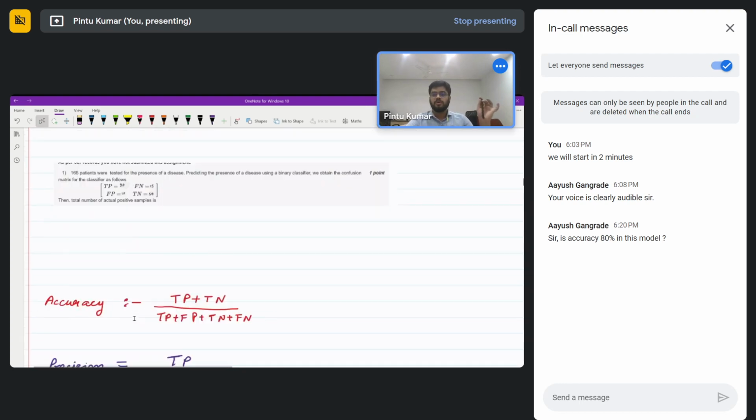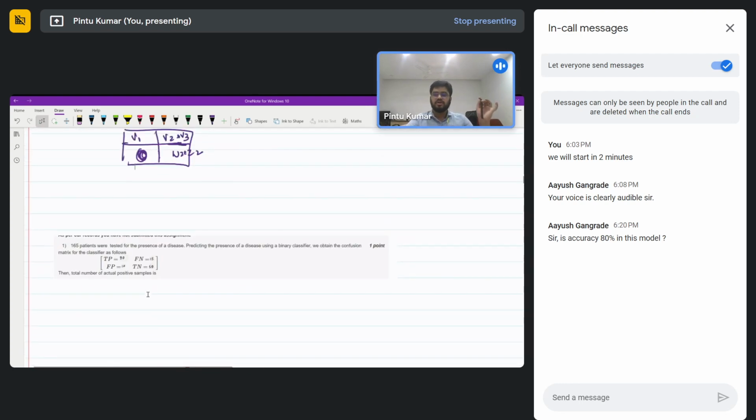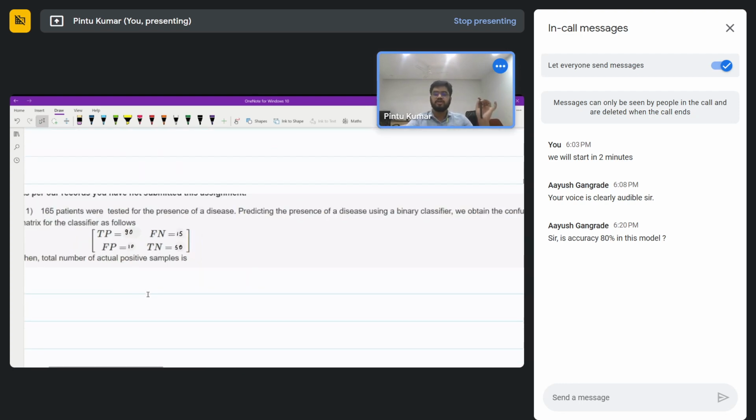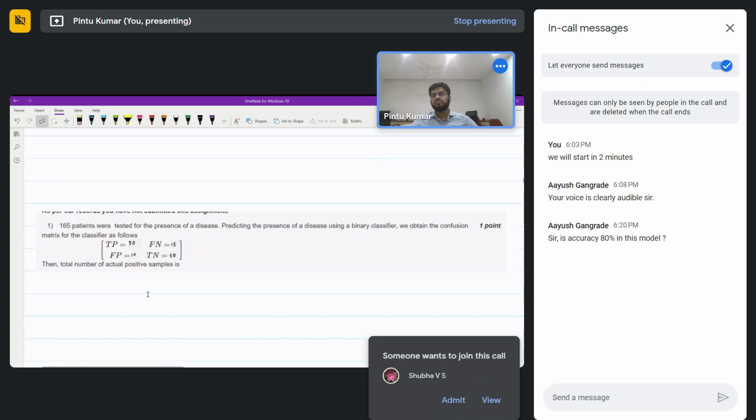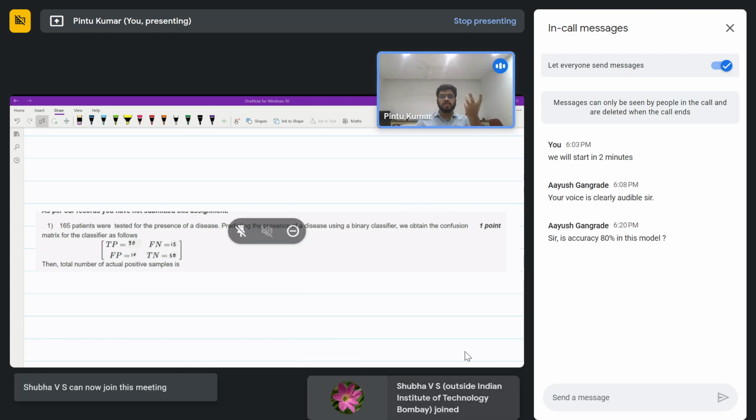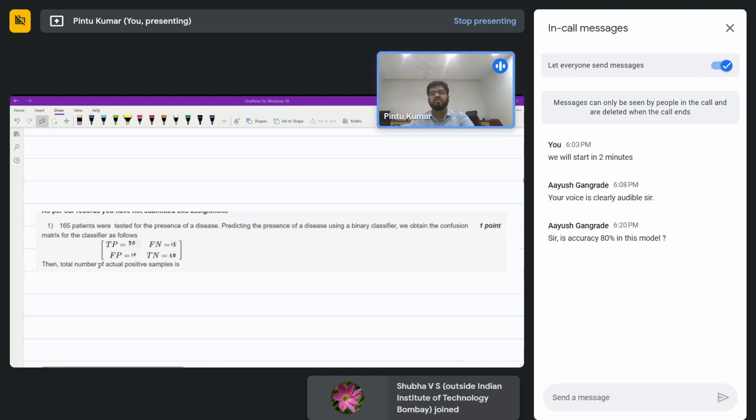Here is a question very similar to what is mentioned in your assignment. There are 165 patients who are being tested for some disease. You have to predict presence or absence using a binary classification, and you obtain the following confusion matrix. You are asked the total number of actual positive samples.